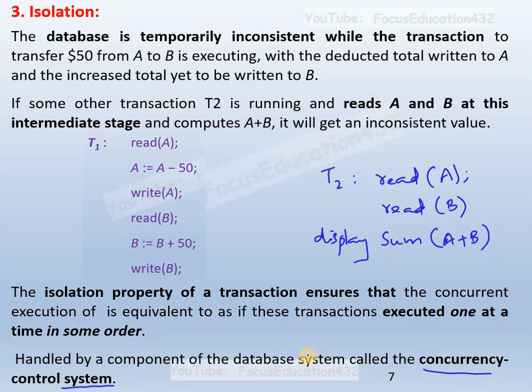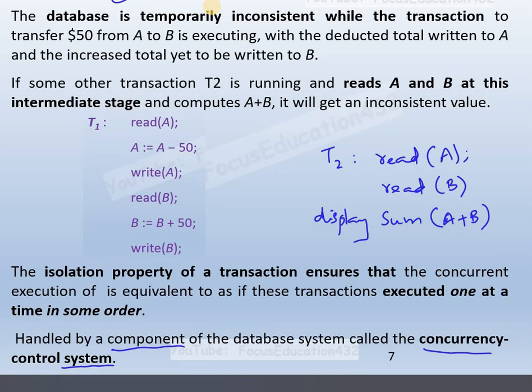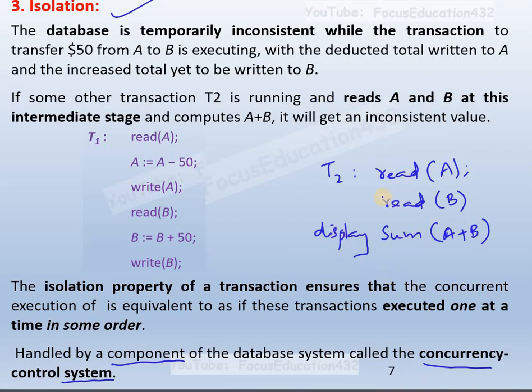What is the concurrency control system? It is a component or subsystem of the database system. Database system is a very large software. It is a subsystem or part of the database system, which is known as the concurrency control system, that will ensure that the isolation property takes place successfully. Now we are having the fourth one. What is that? Durability.